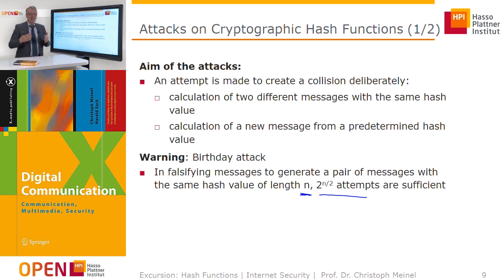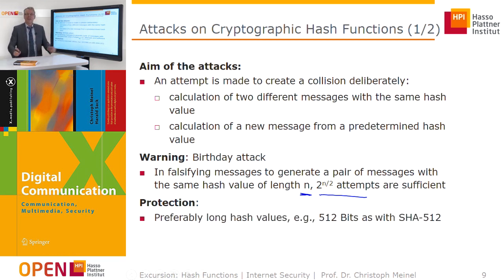But to guarantee security, it needs to be large. So it is always the art of such hash functions to find the right balance. So with a birthday attack, 2 messages with the same hash value of length n can be generated with 2 to the n/2 attempts.